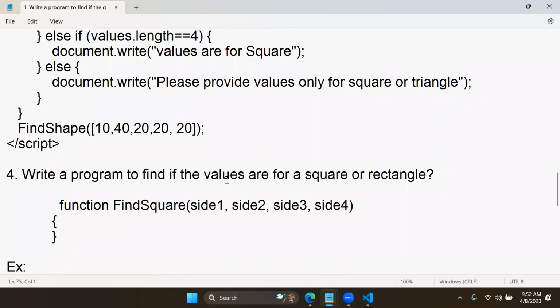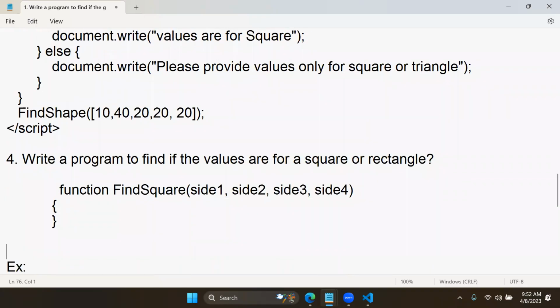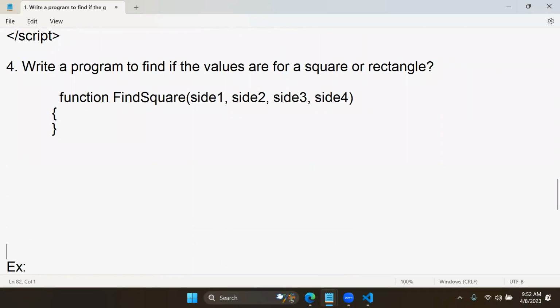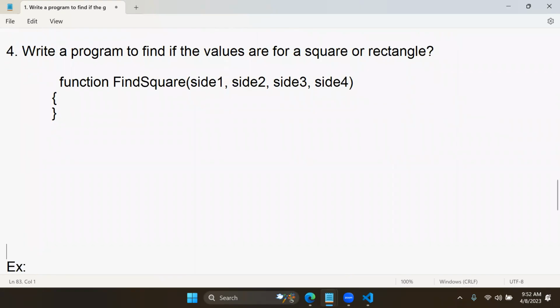Write a program to find whether the values are for a square or rectangle. What is the condition? For a square, all sides must be equal. Otherwise, it is a rectangle. Now write side 1, side 2, side 3, side 4. All sides must be passed. You have to check that all sides are equal.